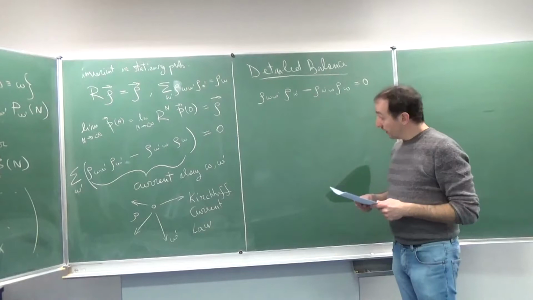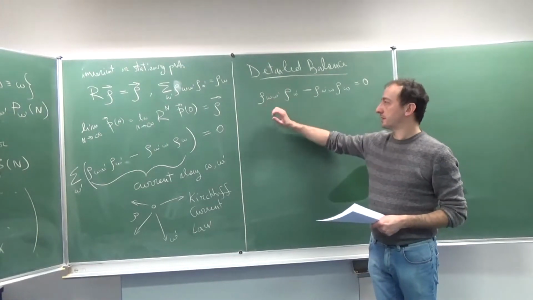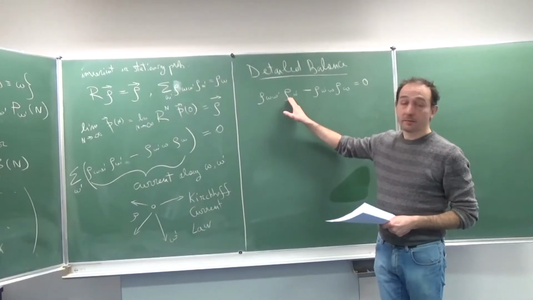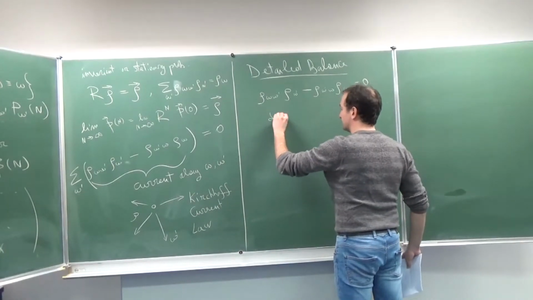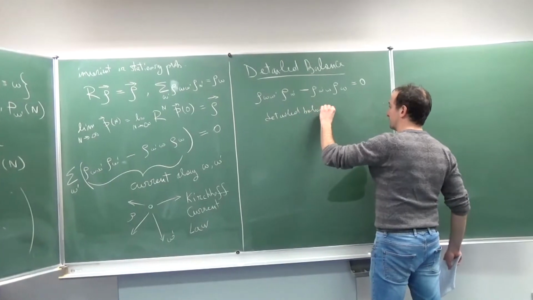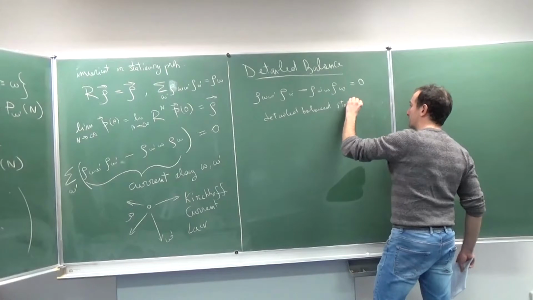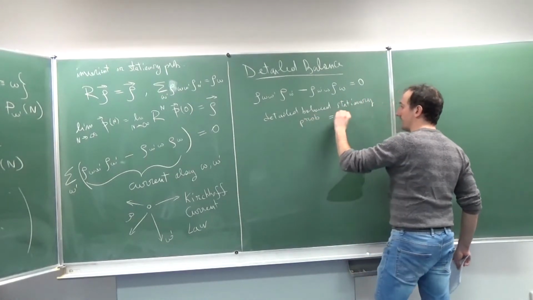Another thing physicists say is that when a system satisfies detailed balance, then this stationary probability is sometimes called an equilibrium.